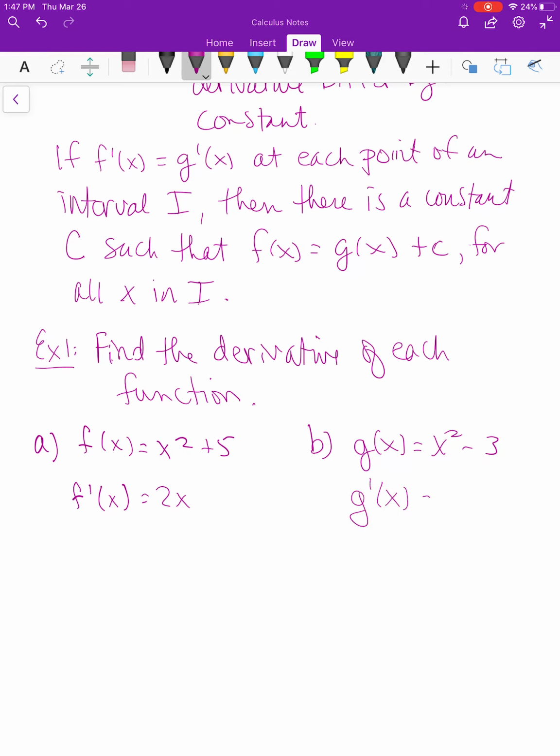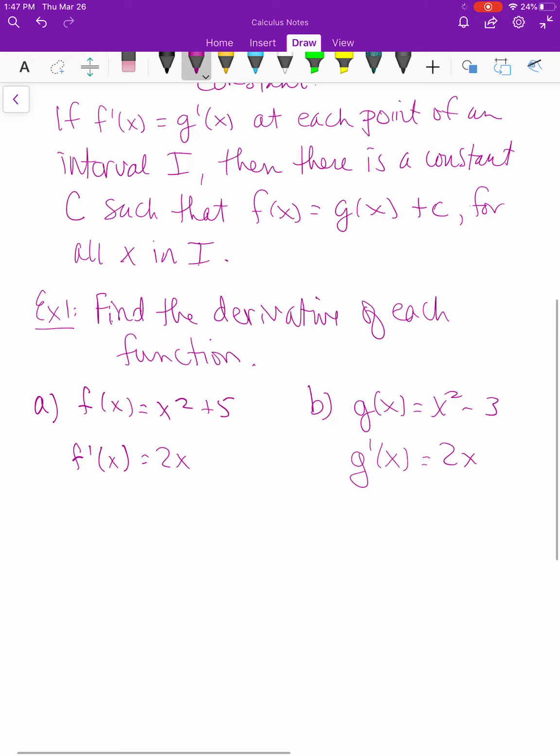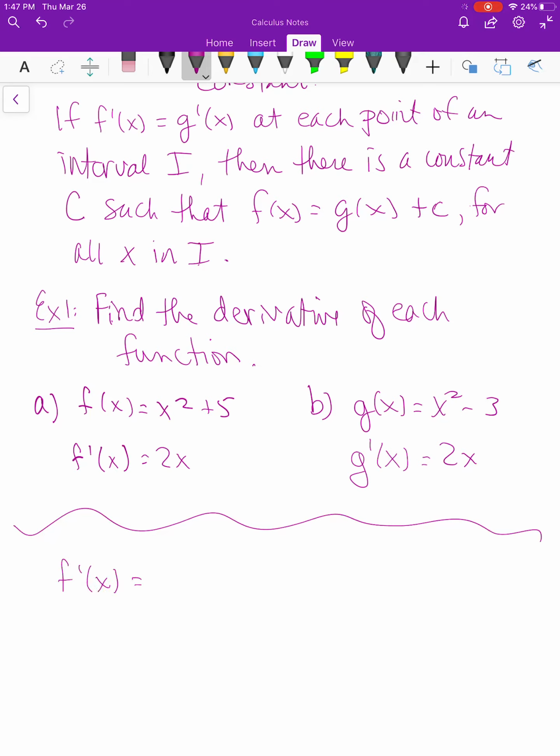If we found the derivative of g of x equals x squared minus 3, our g prime of x is just 2x. So we can see that they both have the same derivative and they're clearly not the same function.